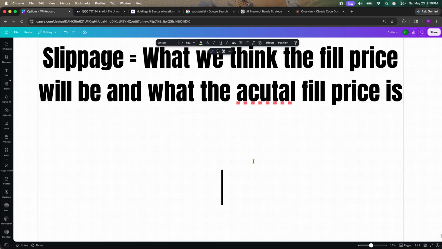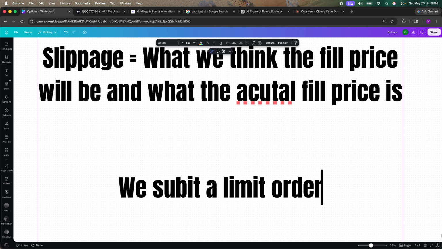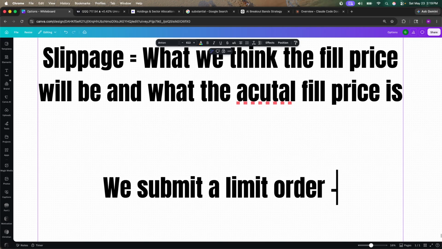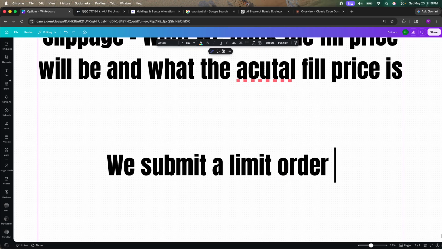So an example: let's say we submit a limit order. The reason I like to use limit orders is because I'm controlling the price, right? The market isn't controlling the price. There are limit orders and market orders.